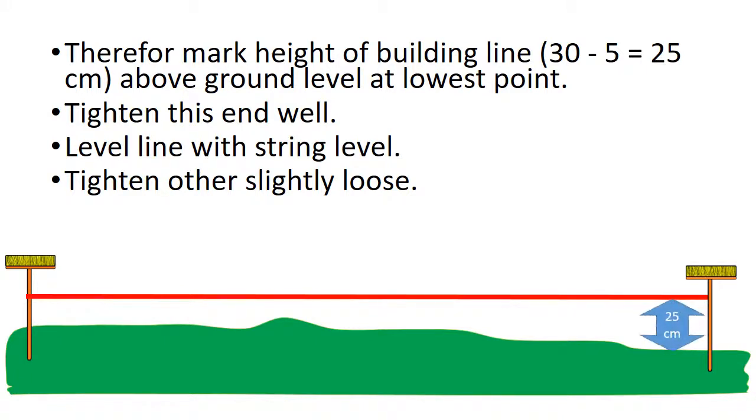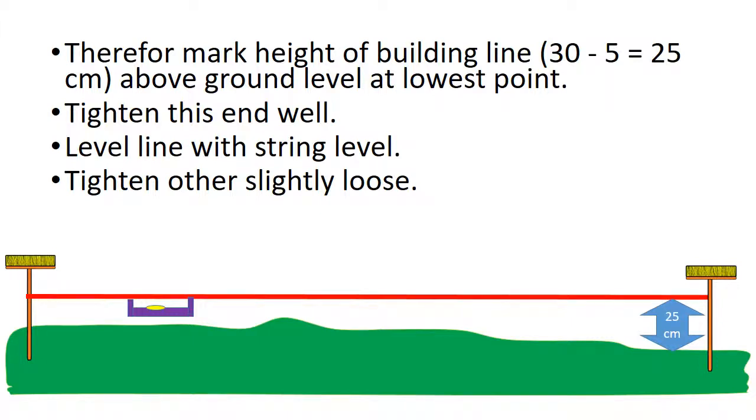You determine the height at the lowest level, where it is going to be about 25 centimeters, and then you tighten that section very well. You then level it using a string level, and the other side you slightly loosen, because you will maybe have to adjust the rod, or in this case maybe a broom or a stick you put in.